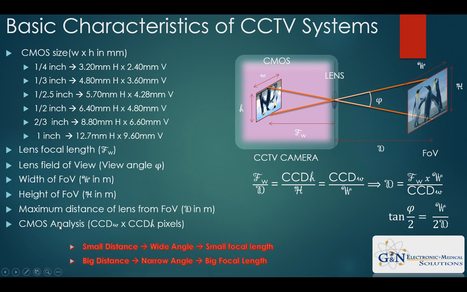The CMOS resolution, of course, is something very interesting, especially in IP cameras. We have the CCD width by the CCD height in pixels. In the common analog cameras we have 720, which is the common resolution of common TV systems, 720 by 520 actually.